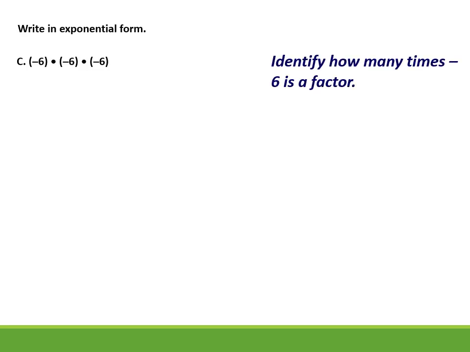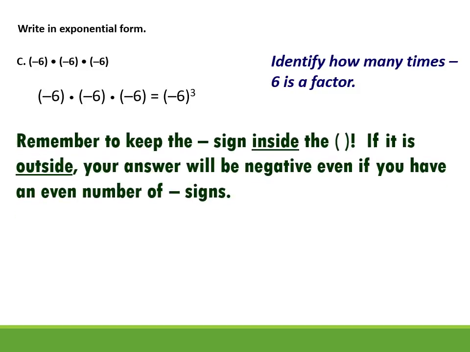So let's identify how many times negative 6 is a factor. Negative 6 is our base, multiplied by itself 3 times, therefore we have negative 6 to the third power. Note that the negative sign is inside the parentheses, because if it is outside, the answer will be negative.